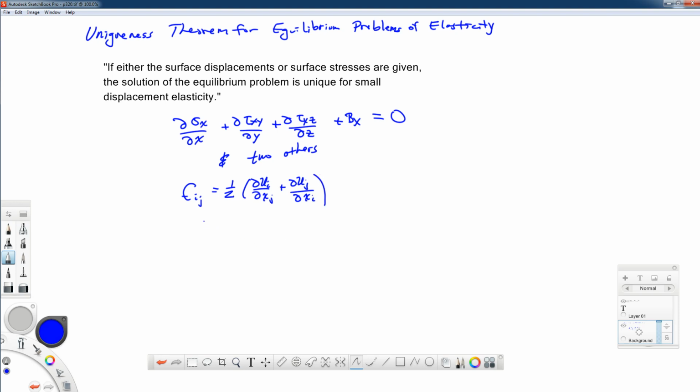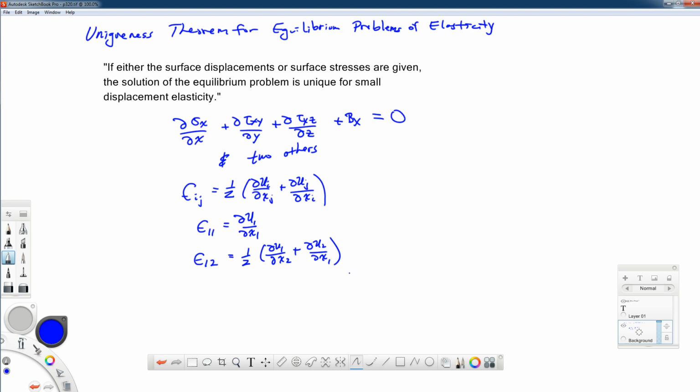If we have terms that look like normal strains, like epsilon 1,1, we would get a term that looks like the partial of u1 with respect to x1. If we have tensor shearing strains like epsilon 1,2, we would get terms that look like 1/2 partial of u1 with respect to x2 plus the partial of u2 with respect to x1.